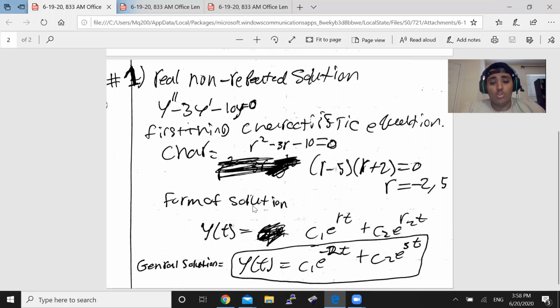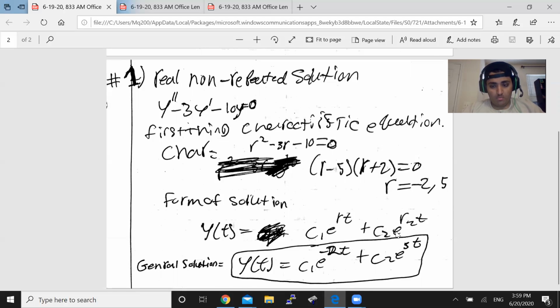The general solution for this problem is going to be, I chose the variable y of t just because, c1 e to the power of rt plus c2 e to the power of rt, where c is just a representation of a constant. For c1 we plug in one r, and for c2 we plug in the other r.